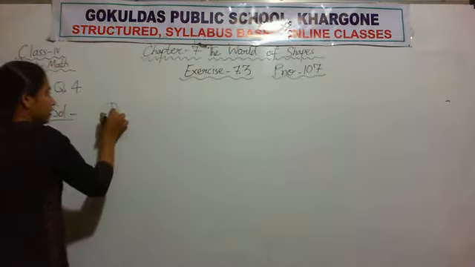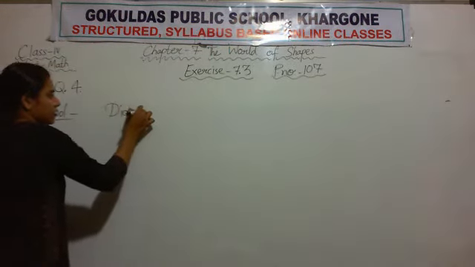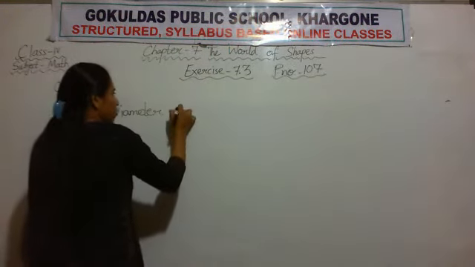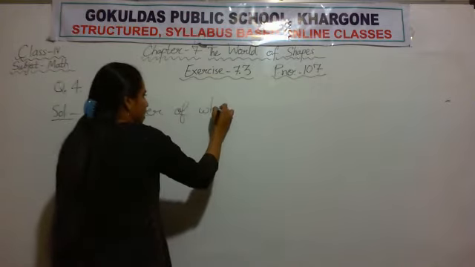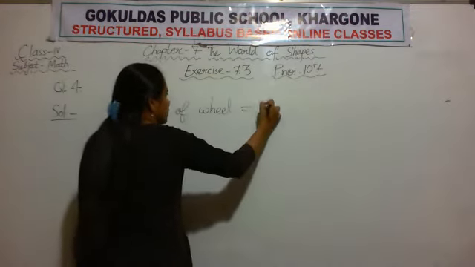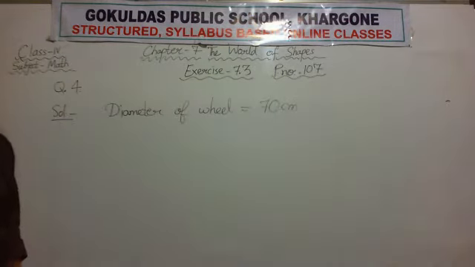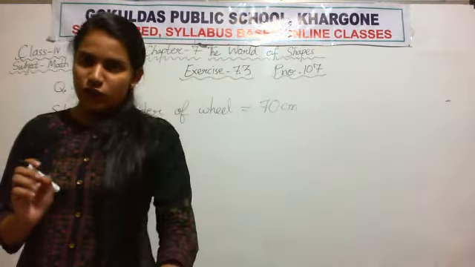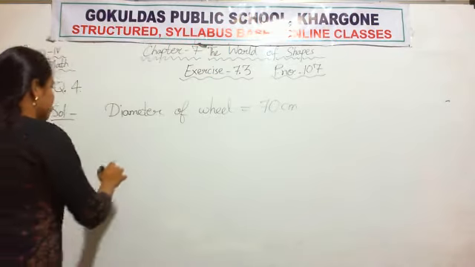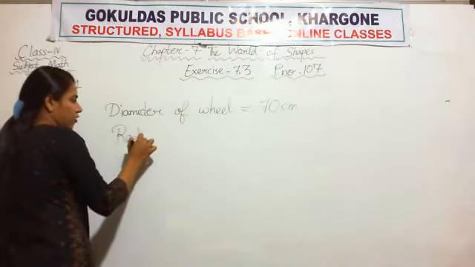What is given? Diameter is given. Diameter of wheel is given. So diameter of wheel is equal to 70 centimeter. Right? And what do you want to find? Find its radius. You want to find radius. So radius is a question mark right now.